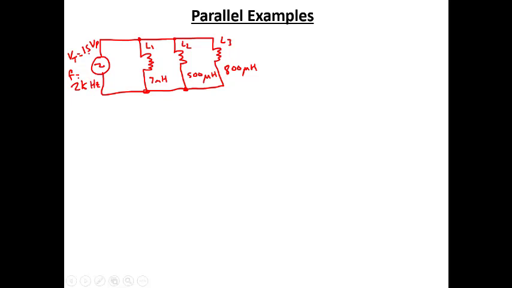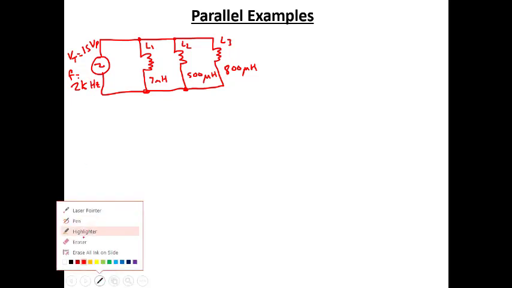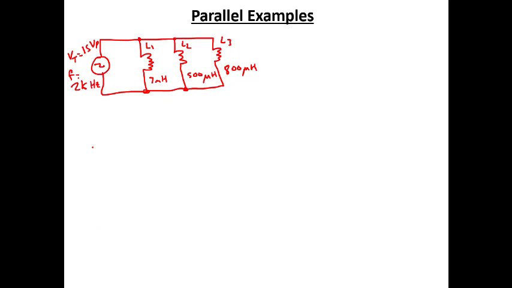So the first thing that we need to do is our power supply is in peak, so we have to convert that to RMS. V total would equal, if you remember our formulas, 0.707 times V peak equals the AC. So we'd have 0.707 times 15.